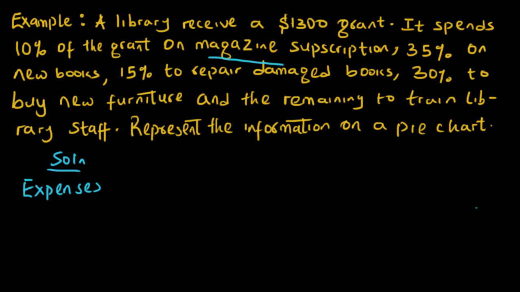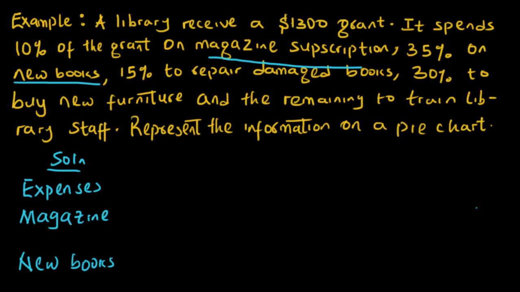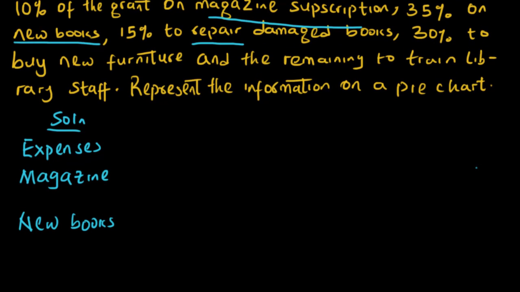The first is magazine subscription. So we can call this magazine. Followed by, we have new books. So we can tag this new books. Then we have repair damaged books. So we can tag this repair. Do you understand?